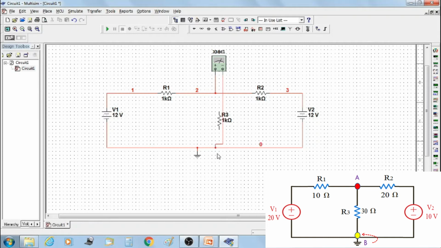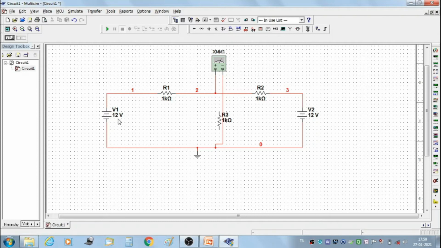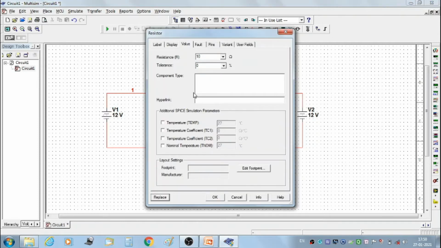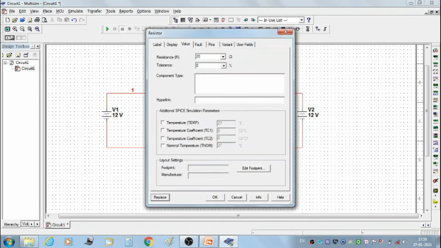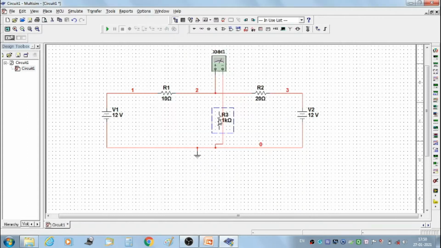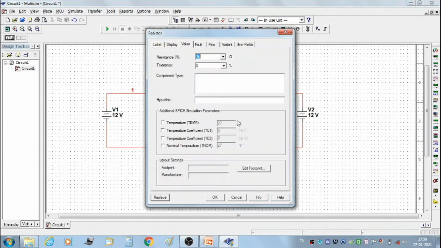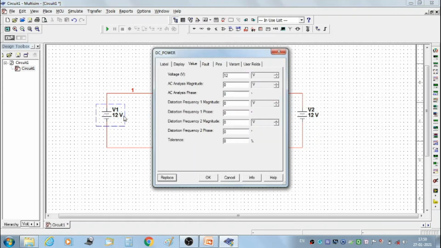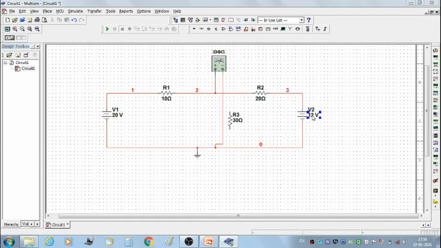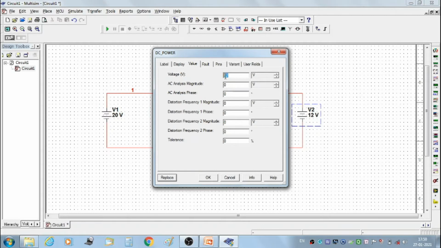This is our Thevenin's voltage. Then set resistor R1 at 10 ohm, resistor R2 at 20 ohm and our load resistor R3 at 30 ohm. We have removed the load from the circuit. Then set the voltage V1 at 20 volt and voltage V2 at 10 volt.